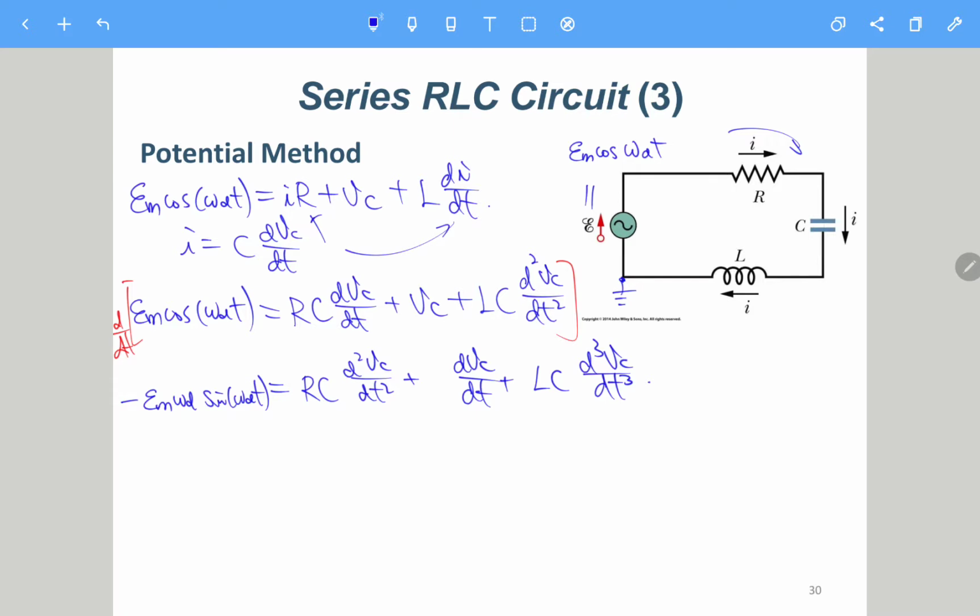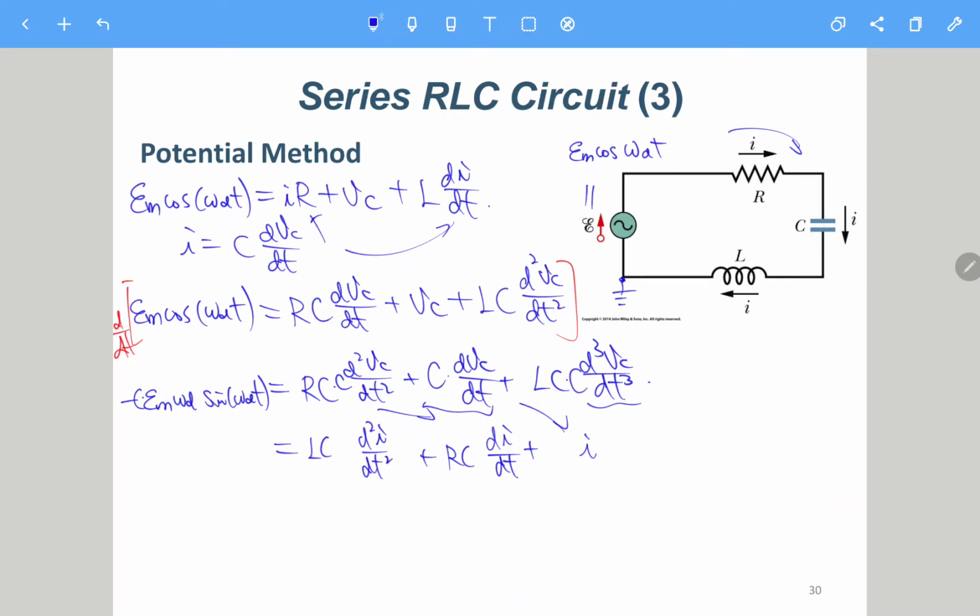Okay, so here we can multiply C on both sides, so that this is actually I. So here we have this one is I, di dt plus RC, and for this one, d2I dt2, and then we have LC.